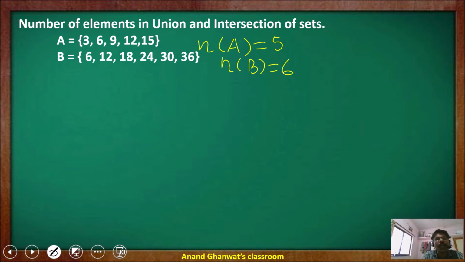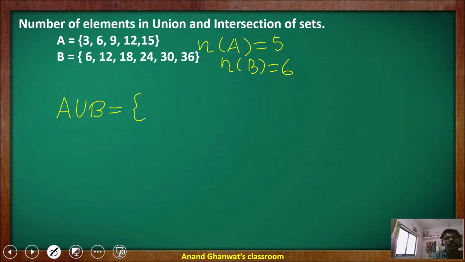Now let us write A union B. A union B is a set of all elements either present in set A or B. So all the elements in A and B: 3 is there, 6 is there, 9 is there, 12 is there and 15 is there.